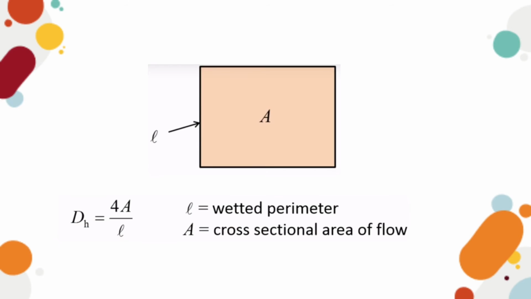In this illustration, the wetted perimeter is the length of the wall that is exposed to the fluid. But since the rectangle is completely shaded, this letter L will be the entire perimeter of the duct, and the orange shaded region A is the entire duct cross-sectional area.